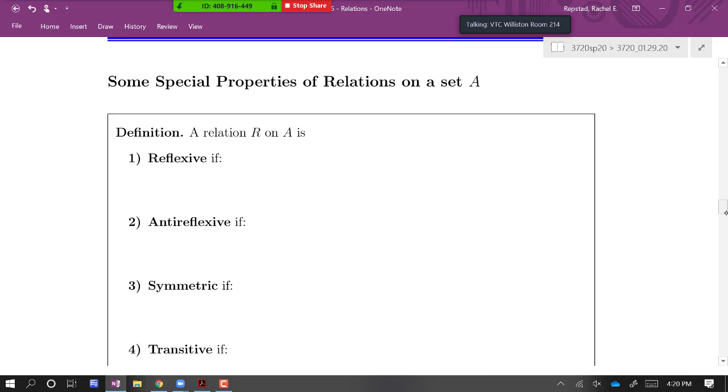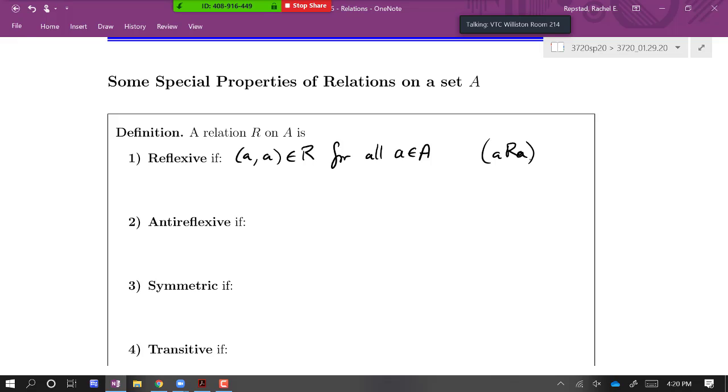We say that a relation on A is reflexive if A is related to A for all elements of A. Another way to say that is (A, A) is in the relation, if you like that notation better. It's reflexive if everything is related to itself. That seems aptly named.